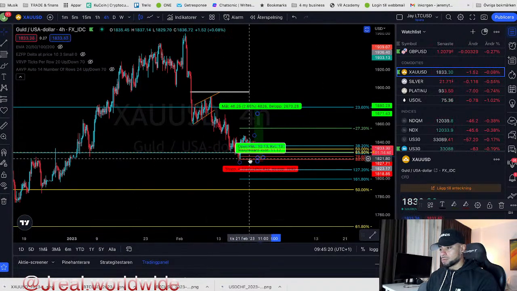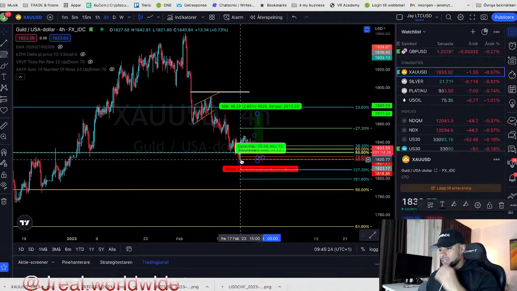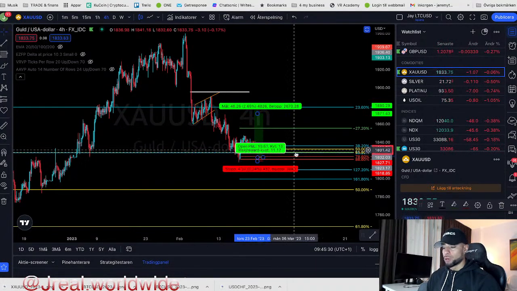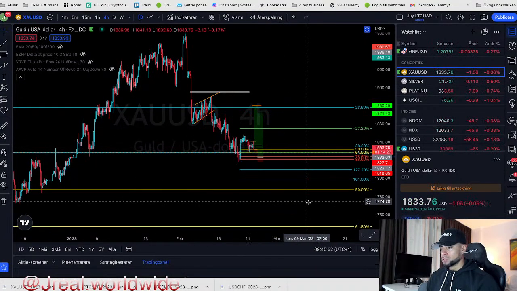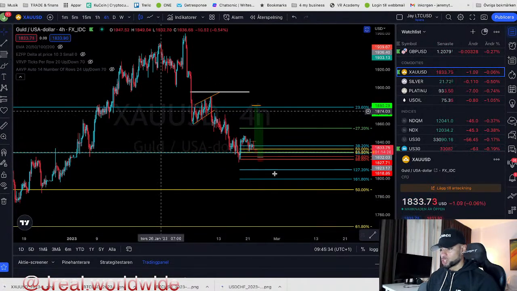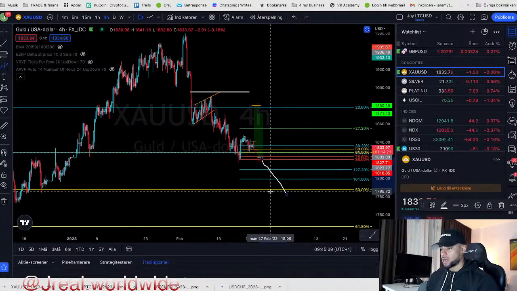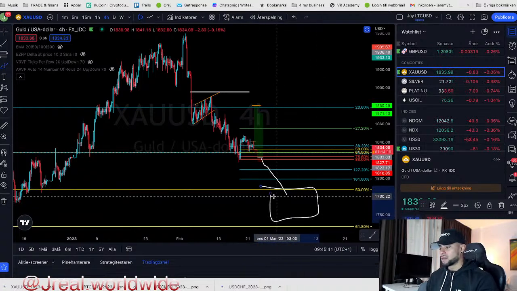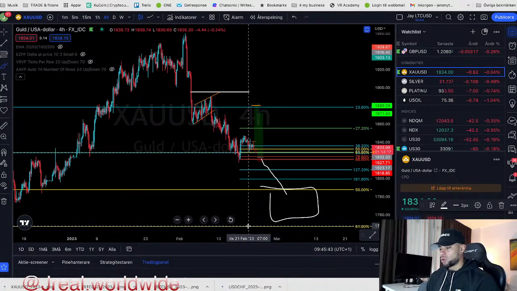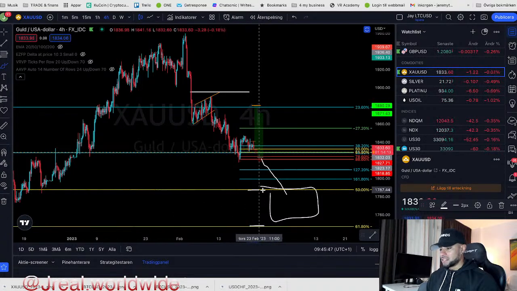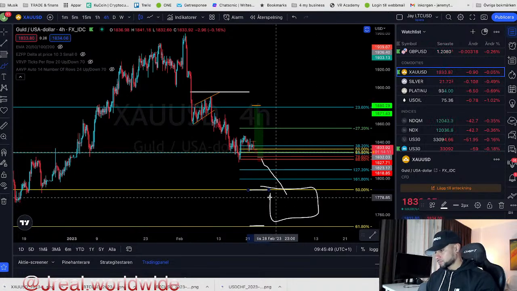If this level, 1820 until 1825, doesn't hold as support for gold, trust me, we're going to see the market dip all the way down here to this big sweet spot zone, and end up somewhere between 1750 and 1890 US dollars.